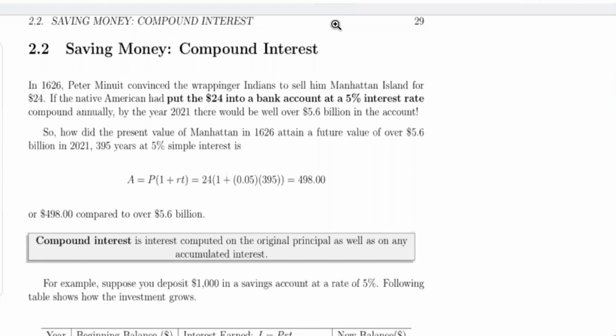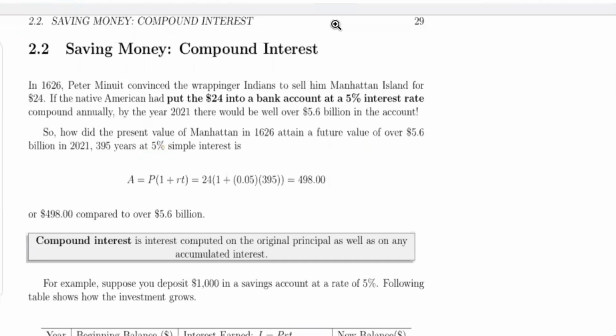If the Indians had put the $24 into a bank account at a 5% interest rate compounded annually, by the year 2021 there would be well over $5.6 billion in the account. So how did the present value of Manhattan in 1626 attain a future value of over $5.6 billion in 2021?